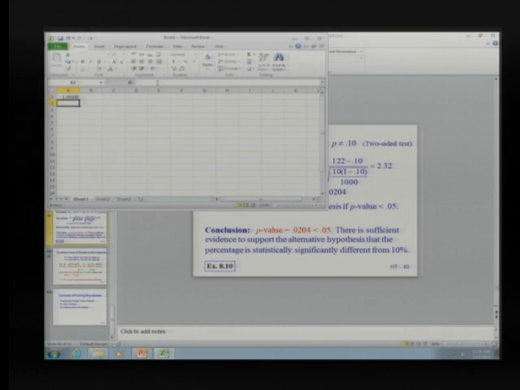Okay, let me see. 0.122, that 12% was from sample 100. The z-score, hold on, let me see. What did I do? Not 30, right? 10%. My mind still stays in the previous problem.